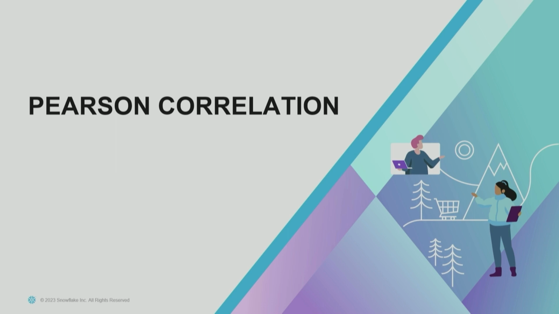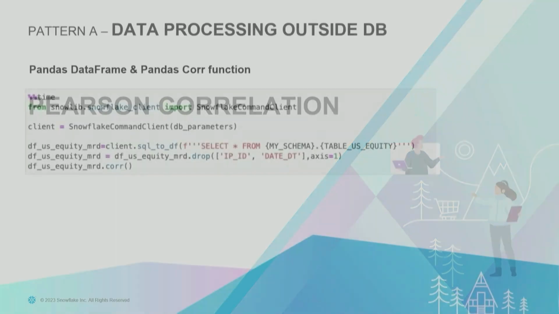Pearson correlation is a very common technique for studying whether there is collinearity between two features. Sometimes we also perform feature selection, where you want to get rid of features that are highly correlated.